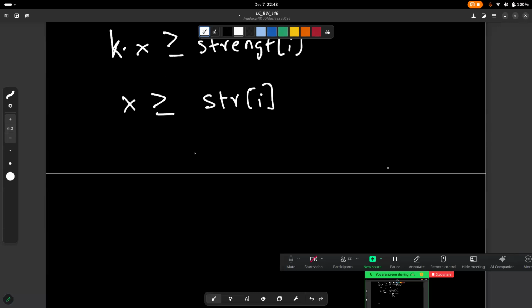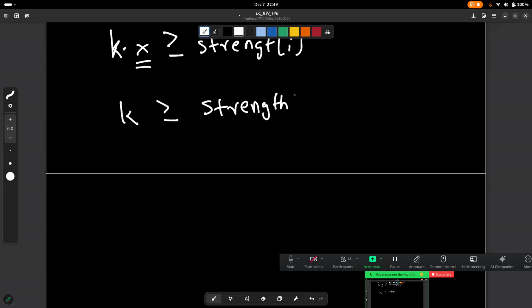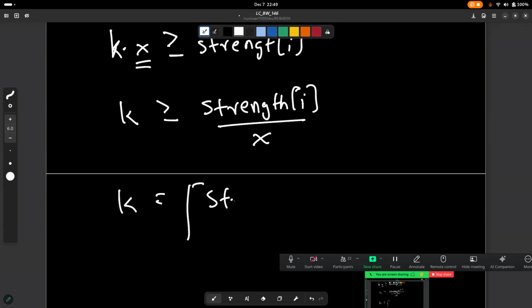Sorry, our x is fixed, we need k, and the minimum value of k is the ceiling of strength of i divided by x.